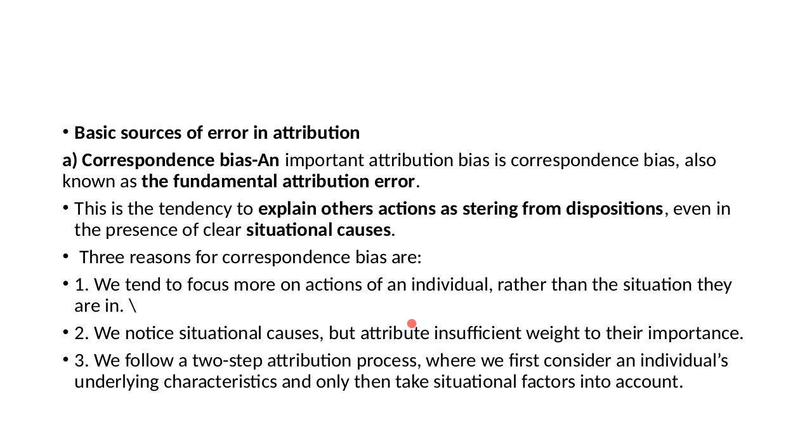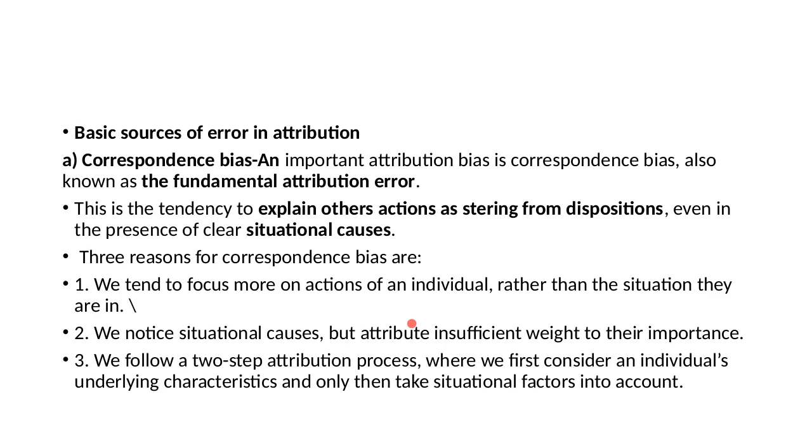Sometimes you know the cause of someone behaving in a particular way, but you still don't want to give that situation or that cause more importance. You just want to focus more on the behavior rather than the cause of the behavior.